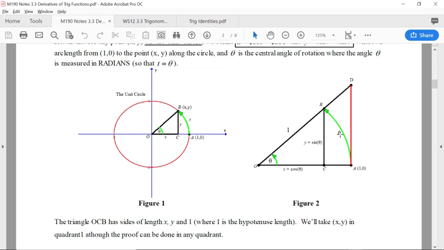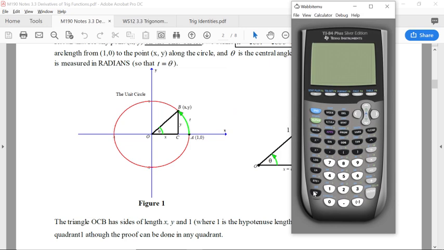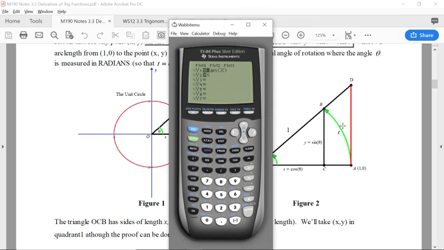To justify that theta is less than or equal to the tangent of theta, one way we could do that is graphically. We can graph the line y equals theta versus y equals tangent of theta on the same screen. So I'm graphing y equals the tangent of x. The y values of that graph would represent the length of this side for various values of x, and y equals x would represent the length of this.